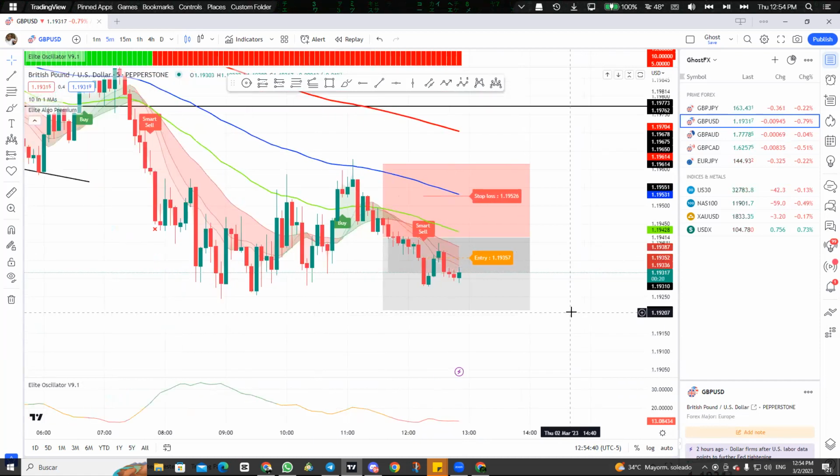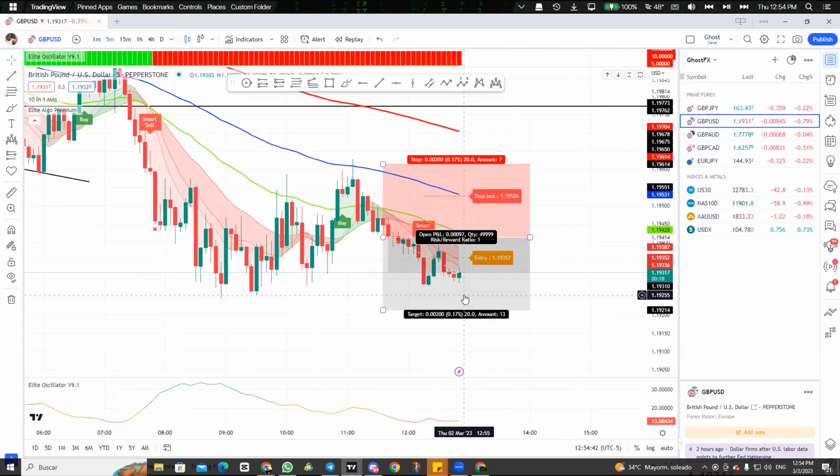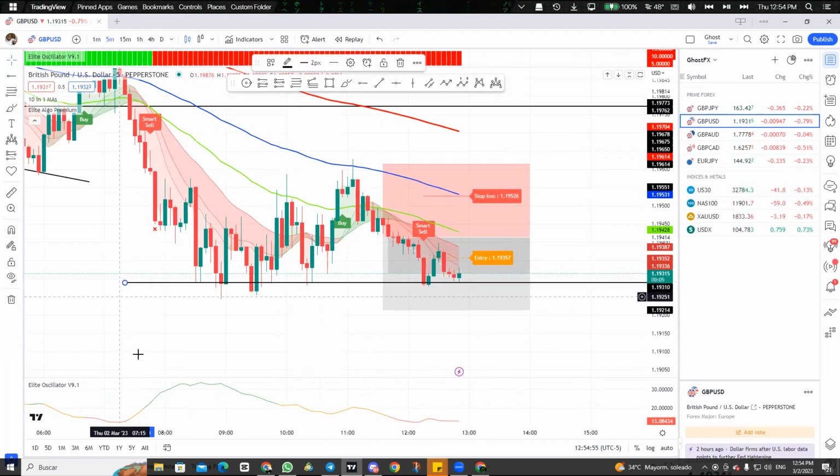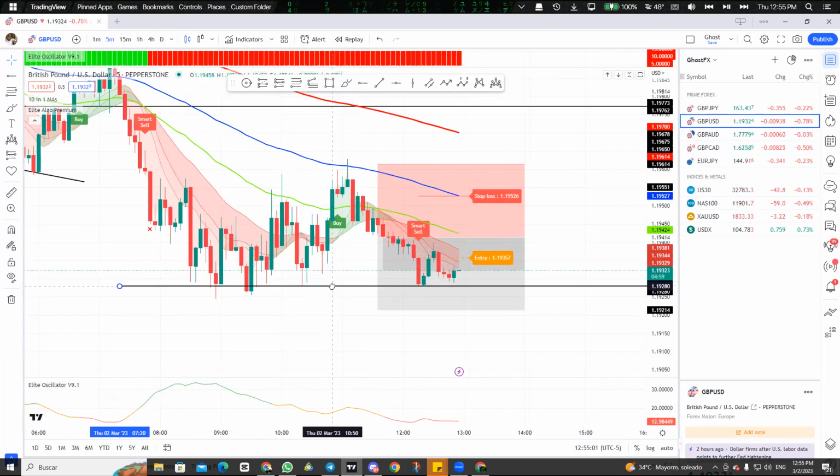I prefer to leave with a profit than be in a trade that's gonna stop me out. But this is a good trade. It will definitely hit the target, but there's a lot of support here. Will it hit the target? There's a lot of support here, so it will have to break the support in order to hit the target.